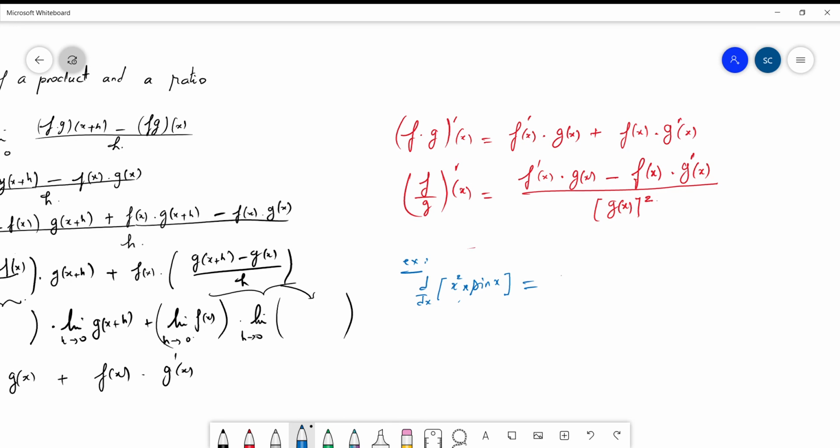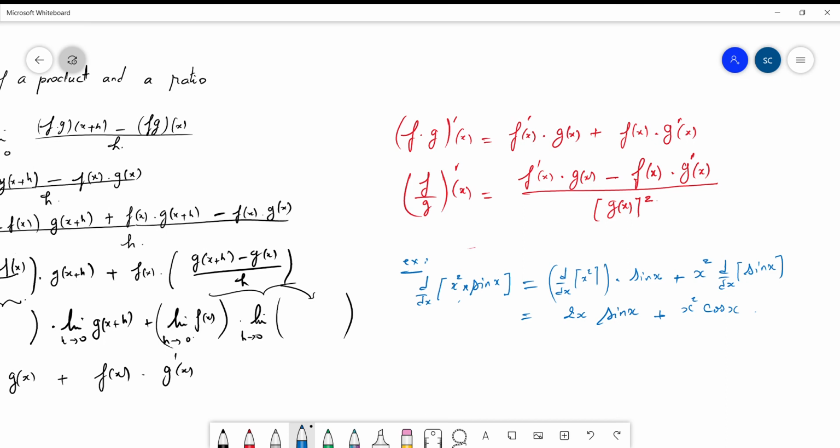I derive the first function x^2, multiplied by sin x, plus I keep x^2 and derive the second function. This is a power function, I know how to derive it. The derivative of sin x, we found, is cos x.